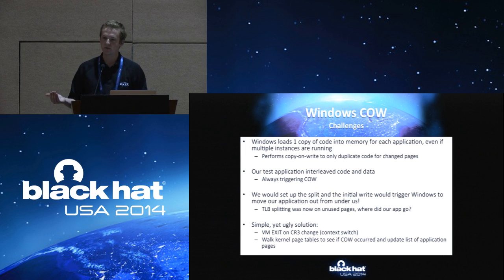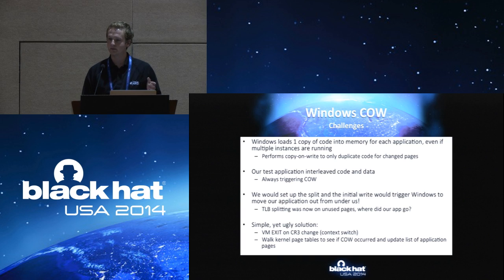Our test application we wrote specifically interleaved code and data. So we wrote a huge NOP sled, and we used that as our memory buffer for all of our work so we could actually simulate what this would be. So we were always triggering that copy on write, and then Windows would say, oh, no, we need to keep that pristine copy here where you know it is, and we're going to move the copy that we're actually going to work on somewhere else. We're not going to tell you where it is.